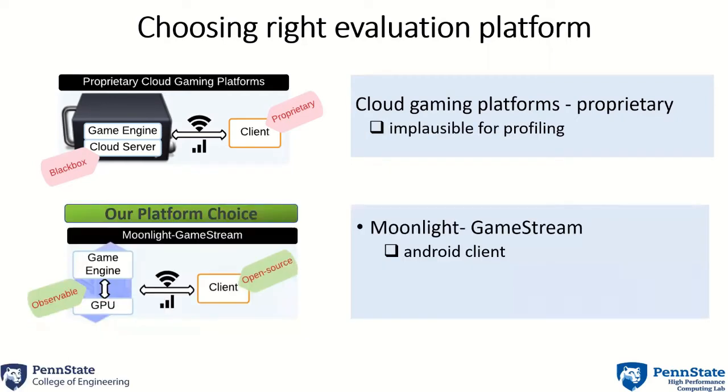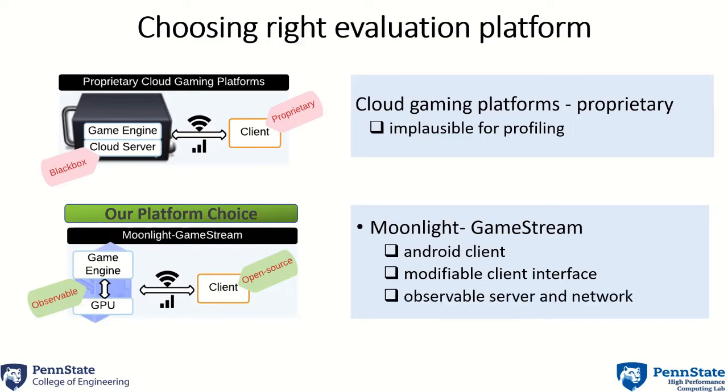Hence, we choose an open source game streaming client app for the Android OS called Moonlight Game Stream for our studies. It presents a graphical UI on the client device which captures user input and sets up communication with the server. The open source nature of this client app enables modification of the client and application pipeline for profiling purposes.